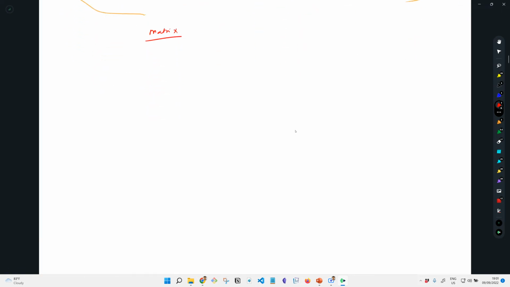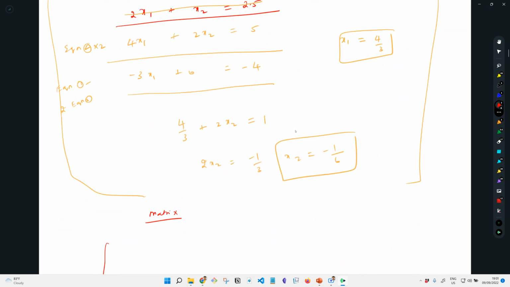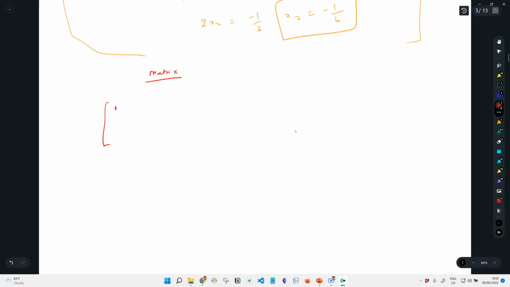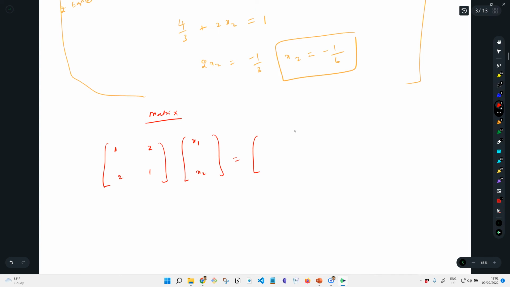The initial matrix was [1 2; 2 1] into the variables x1 x2 equals b, which is 1 and 2.5.